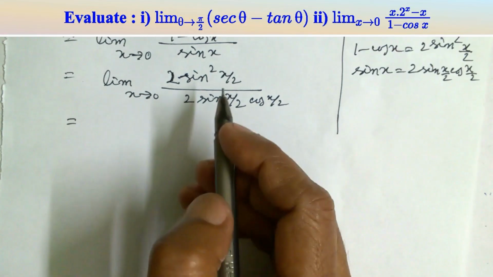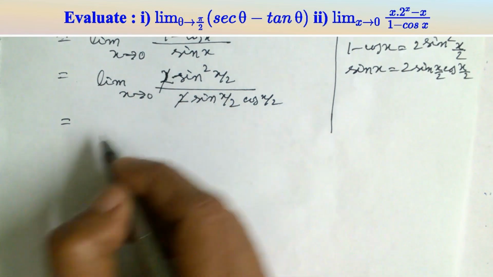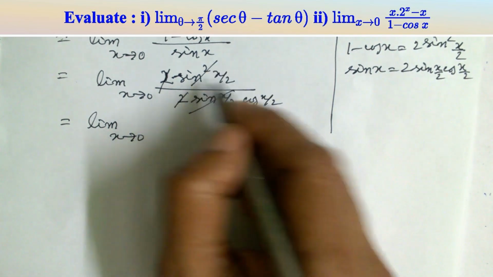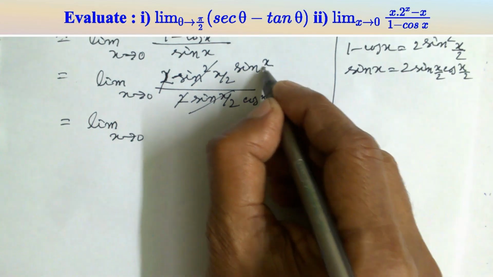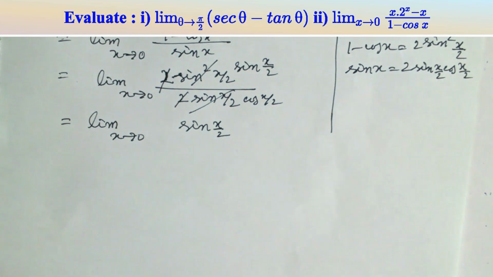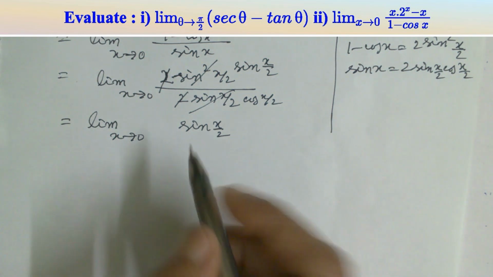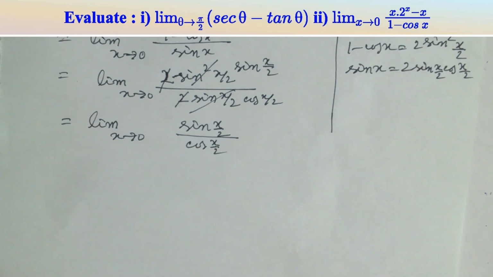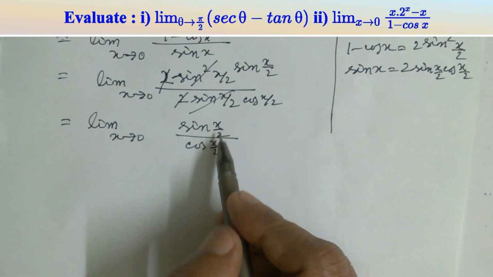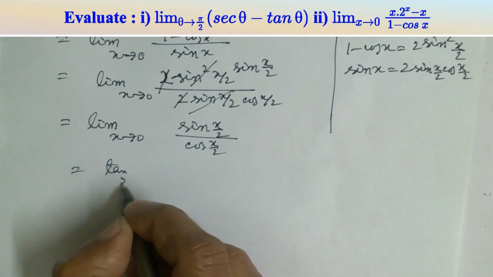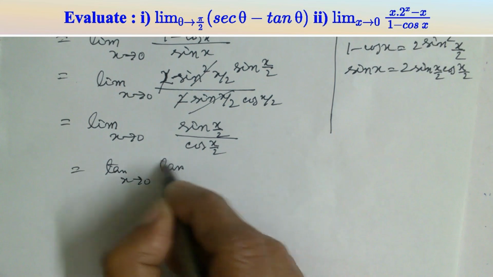So 2 will get cancelled, one sin x by 2 will get cancelled, remaining here sin x by 2 by cos x by 2, that is equal to tan x by 2.